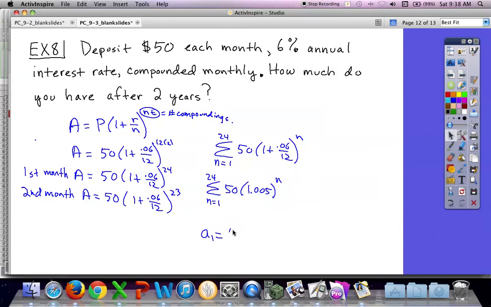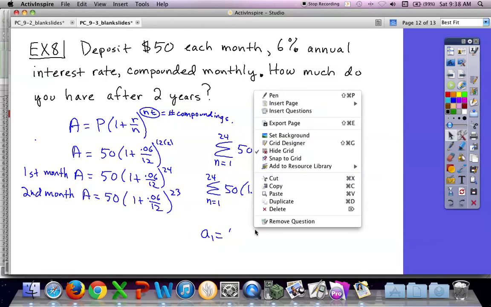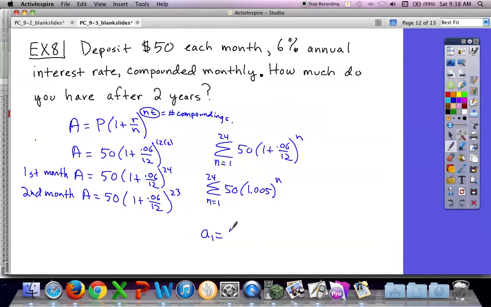And we are having an issue. A1 is $50.25, and the R is the 1.005.